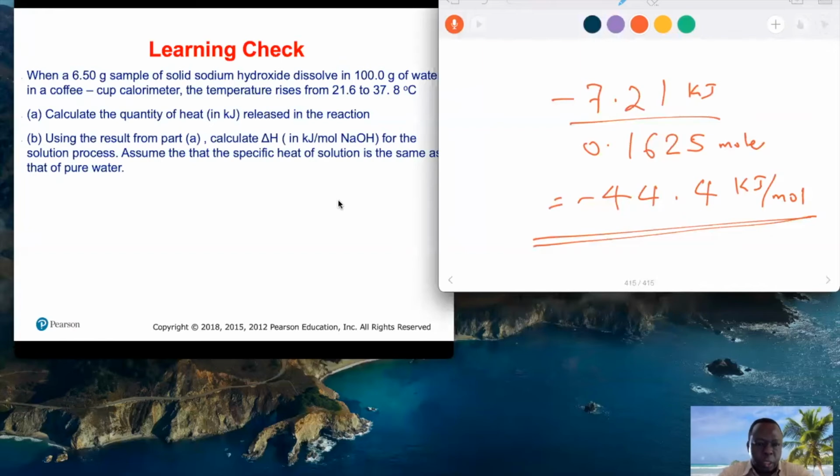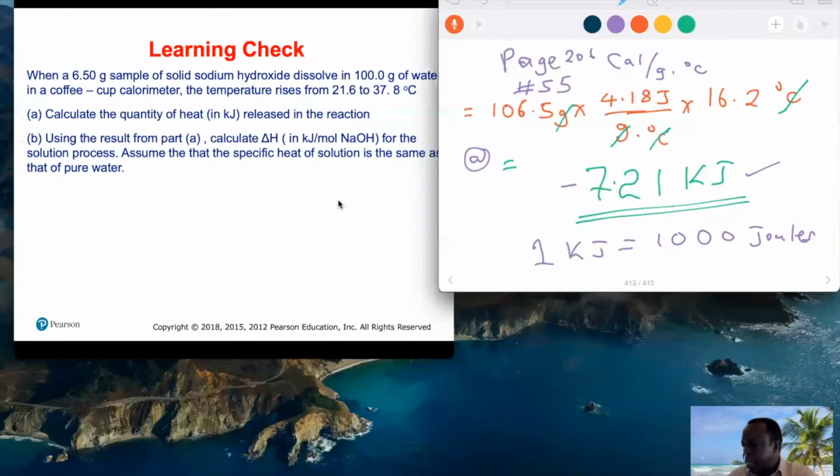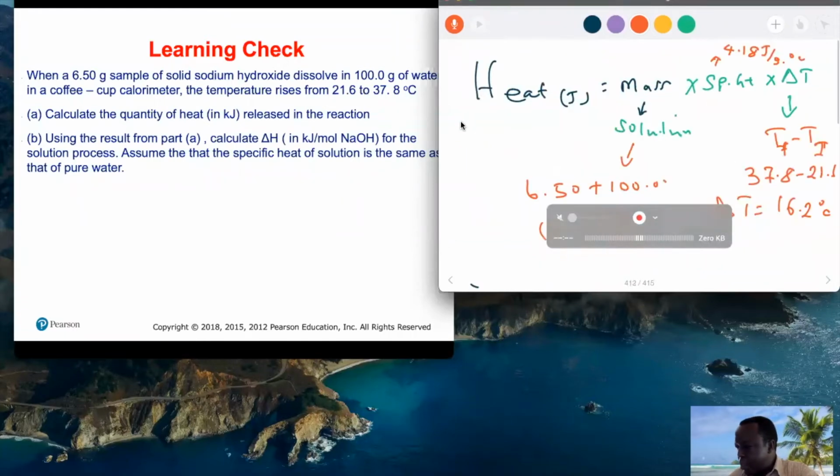Selena has a question. You're wondering if we could go back to our first part A calculation. Right here in part A, this is problem number 55. I was wondering how you got 106.5. Yes, it is the mass of the solution. If you look at this equation, it has to be the mass of solution.